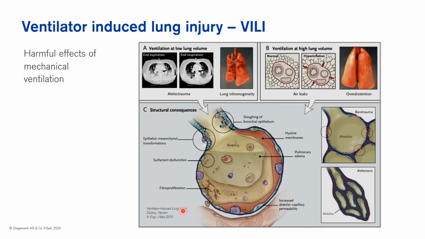So let's have a look a little bit closer at ventilator-induced lung injury, or VILI in short. Basically, there are multiple components that contribute to ventilator-induced lung injury.